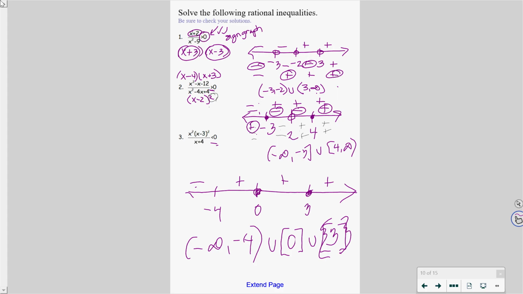So they're zeros, so it doesn't matter if they're tangent or cross. You're right, they would be tangent, but that is only going to affect whether it bounces up or bounces down. But I'm looking for it to equal 0 as well, right? I had stuck an equal sign in there. So I do need to keep them as zeros, because they do make that inequality true. They're equal to. Is that okay, Henry?